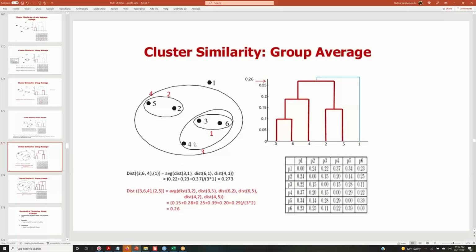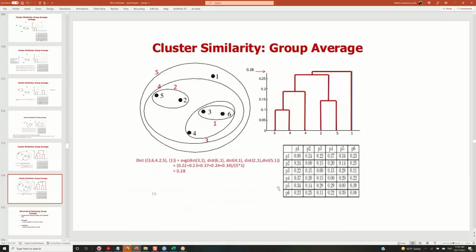This is 3,6,4 to 1 is 0.27. So these two need to be connected to each other first. That's what is happening. Before it connects to 1, because it's 0.27. Yes. That's the end of the story. It's done. But you don't have to worry about these things. Your R will get you the answer.